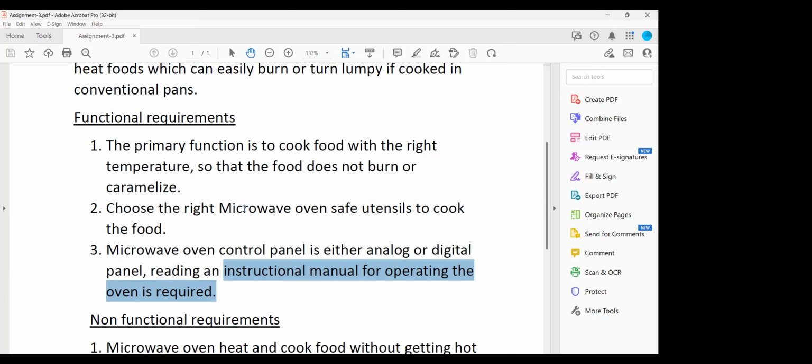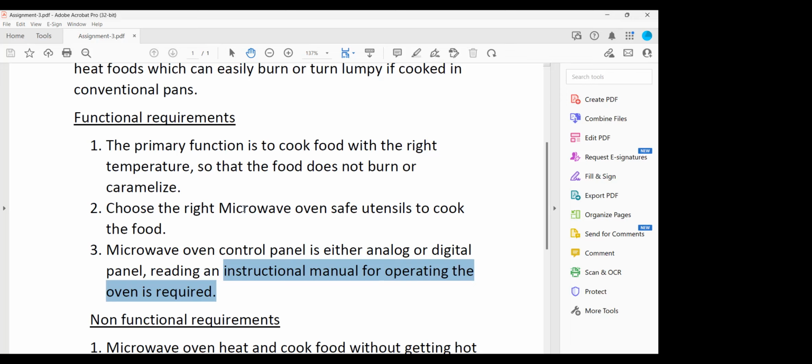Can anyone tell me what could be the non-functional requirement? What do you mean by non-functional requirement?